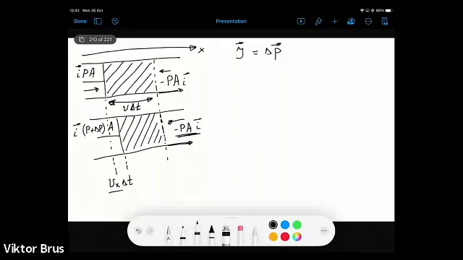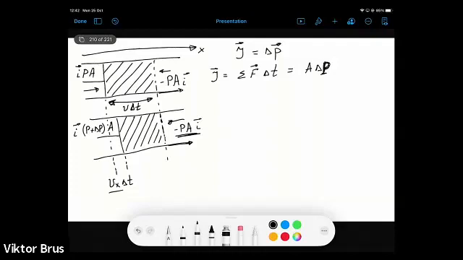that change in momentum is equal to the impulse of the force. So impulse of the force, we have some net force, is equal to net force times time interval, delta t. And in our case, that will be equal to A, area, times delta P. So here, capital P is change in pressure.